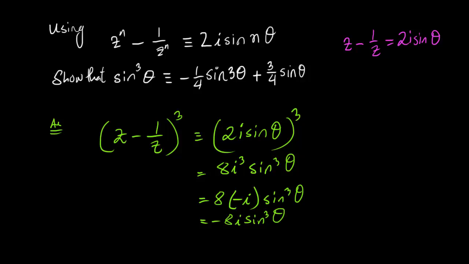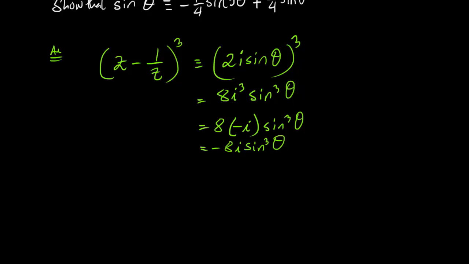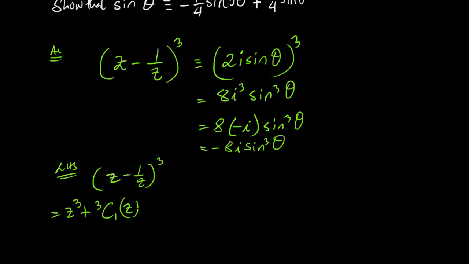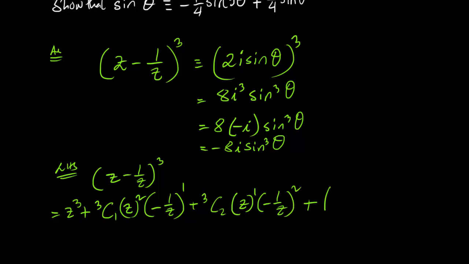Now we have to break down the left hand side. Of course, we have to use the binomial theorem. So z minus 1 by z to the power 3 is z to the power 3 plus 3c1, z to the power 3 minus 1 is 2, minus 1 by z to the power 1, plus 3c2, z to the power 3 minus 2 is 1, minus 1 by z whole squared, plus minus 1 by z whole cubed.